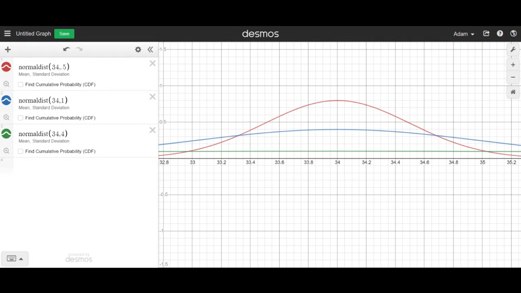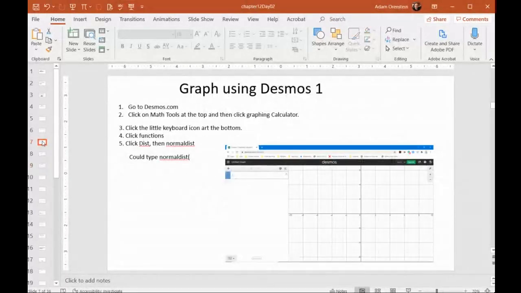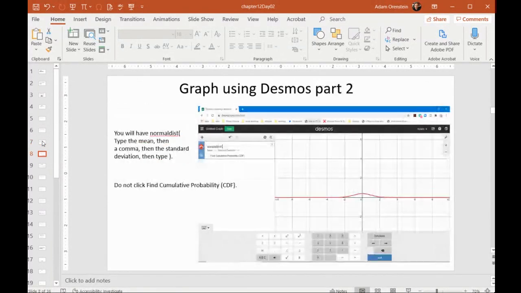You can also see in the notes those three graphs, graphed separately. Let me get back to the notes actually, like here. Let me get back to this. So this was the first screen that we left off at. It has the stuff that I said you can do to graph normal distribution.